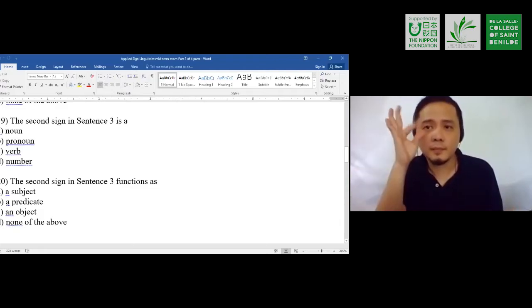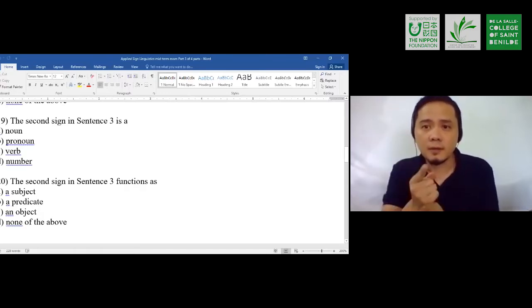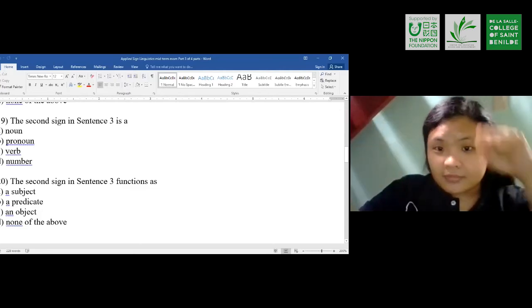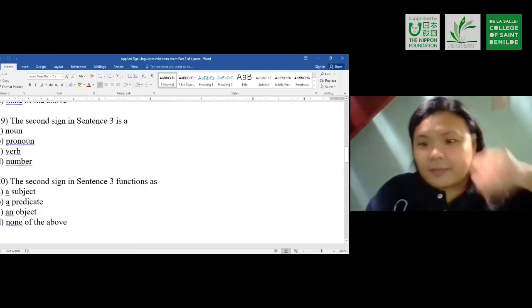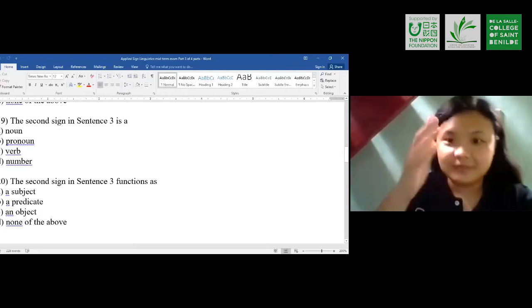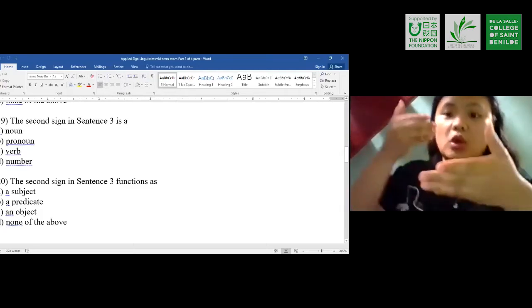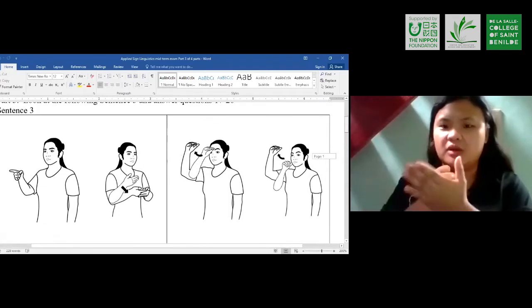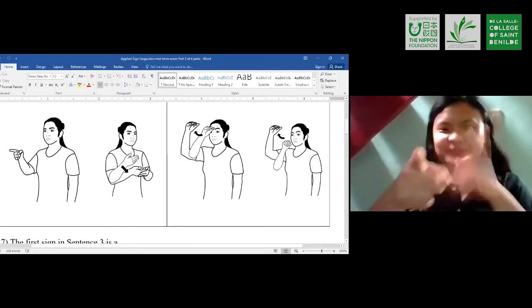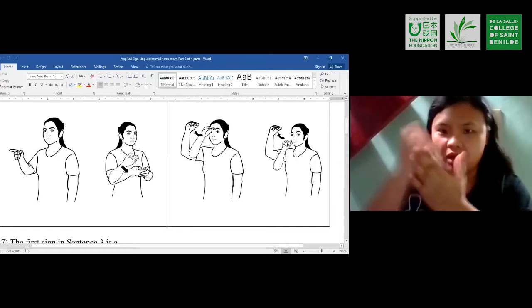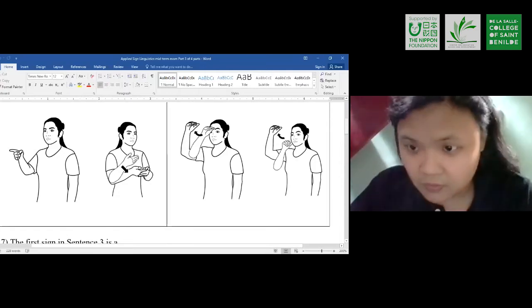Jasmine, did you see? So the sign close, right, is related to the subject. Yes. Sorry. So it's part of a noun phrase, which is a subject. So you, close friend.